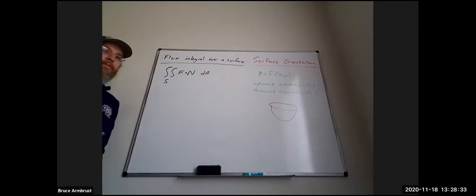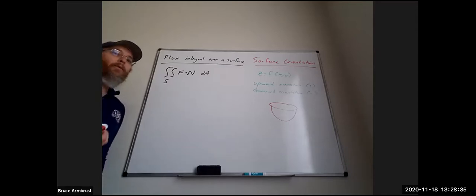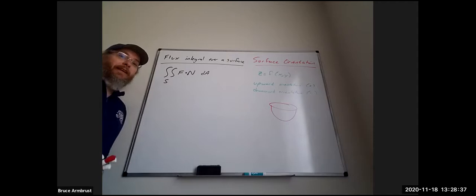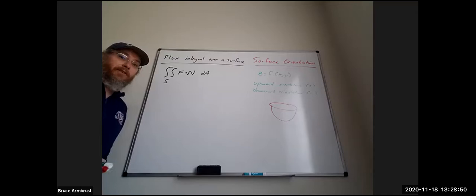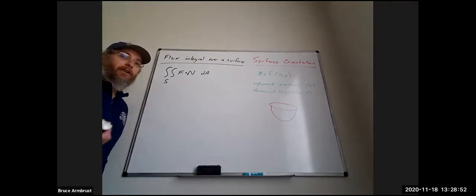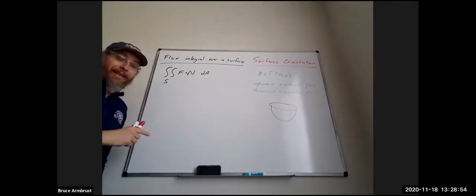Because we're measuring the same thing, right? If you think about why we did F dotted with n, it was finding the piece of the field vector that pointed in the direction of n, pointed normal to the surface, or to the curve. Well, we want the same thing.